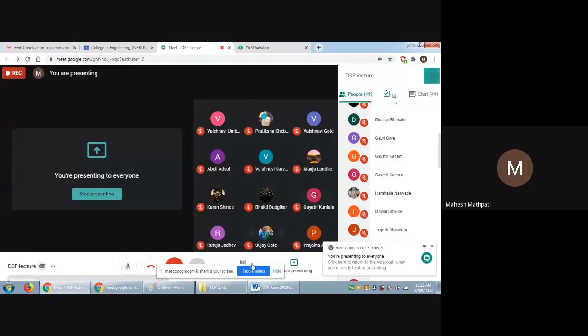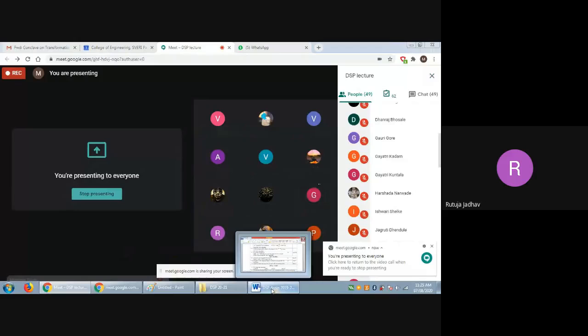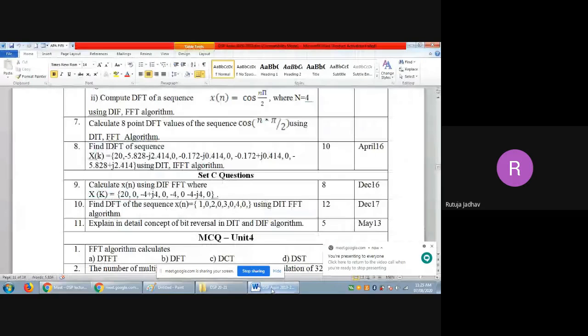We have to calculate the IDFT of the sequence. Rutuja Jadhav: we have to calculate the IDFT of a sequence using DIF. Why IDFT, madam?